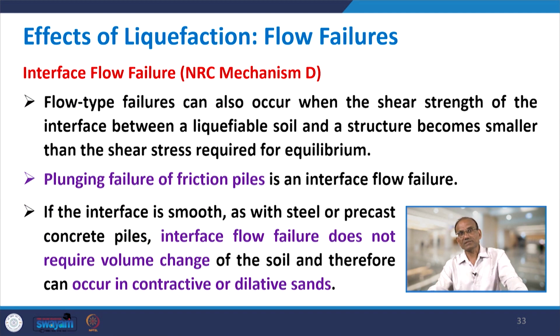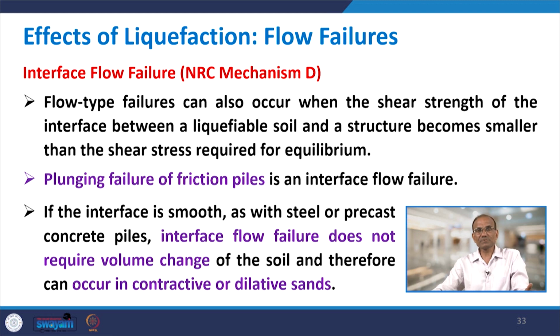Now, the last stage, that is interface flow failure, which is the NRC recommendation D. Flow type failures can also occur when the shear strength of the interface between a liquefiable soil and a structure becomes smaller than the shear stress required for equilibrium. An example is the failure of friction piles in an interface flow failure.